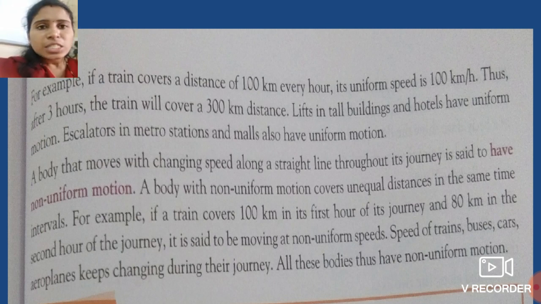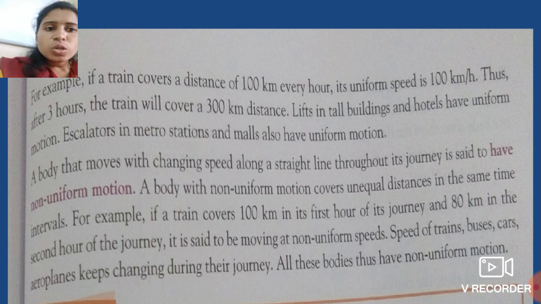Means here the speed is not constant. Whenever you cover any kind of distance, in that case the speed is not constant, means at first it is really very slow. In the middle of the journey the speed of the car is much more, means non-uniform speed is there. Constant speed is not there. At that time we can say that that body is said to have non-uniform motion.